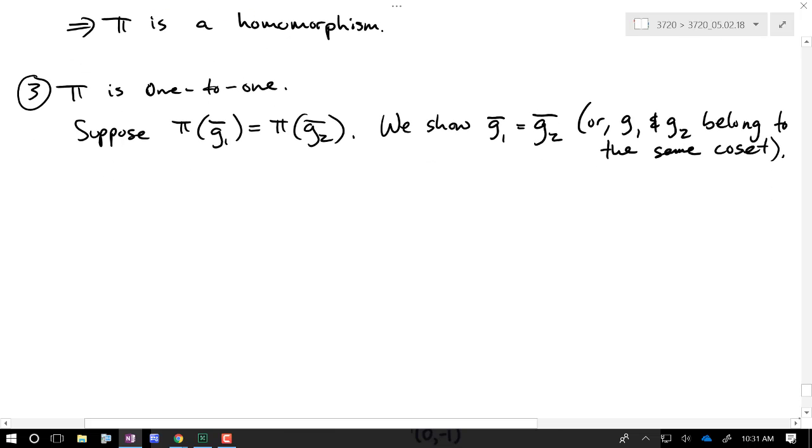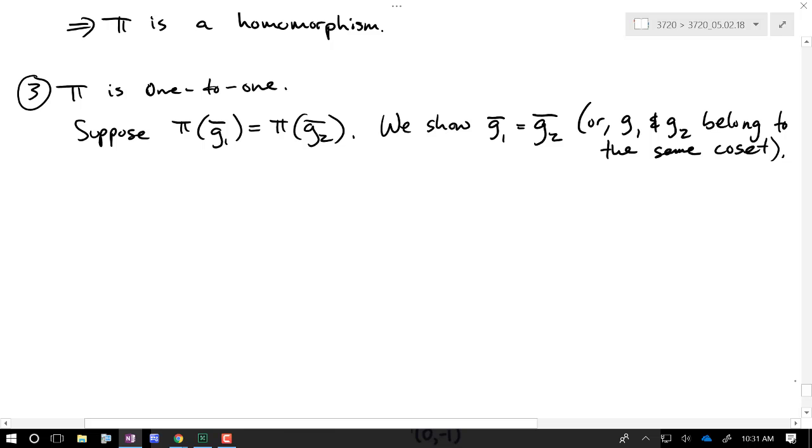Half of proving this theorem is just trying to figure out what elements we are dealing with. Are they G elements? Are they H elements? Are they cosets? And then what is it that we want to show? We really want to keep in mind that G1 and G2 are not just individual elements, they are cosets.